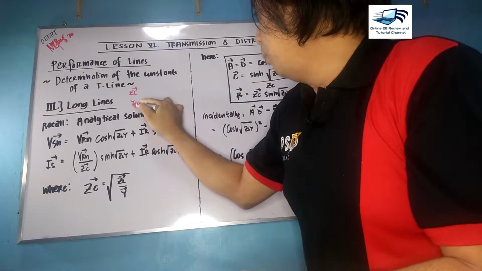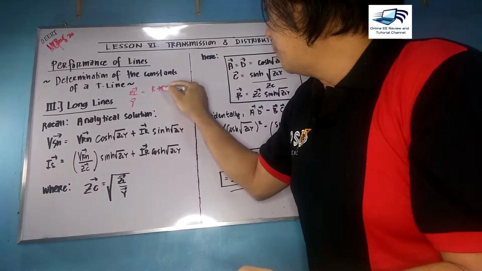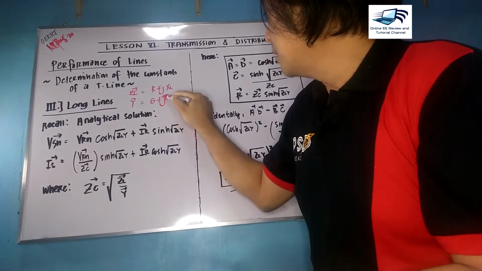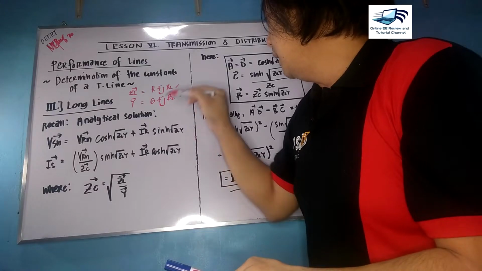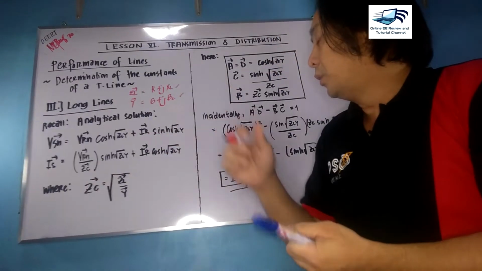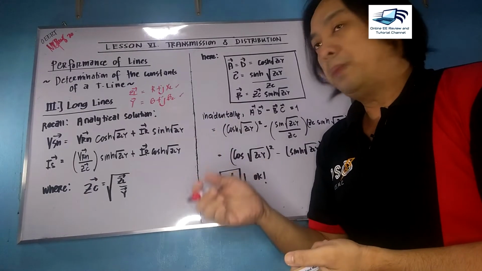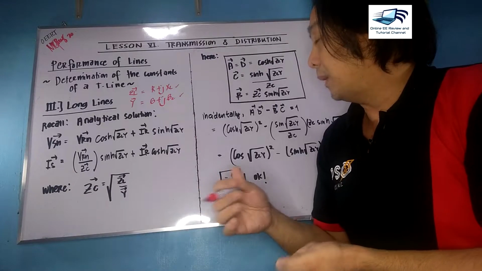But please take note, if you have a long line, it has the complete parameters wherein your ZL is R plus jXL while your Y is G plus jBC. See, XL here is your inductance, while BC is your susceptance, while R and G are in terms of resistance and conductance respectively.